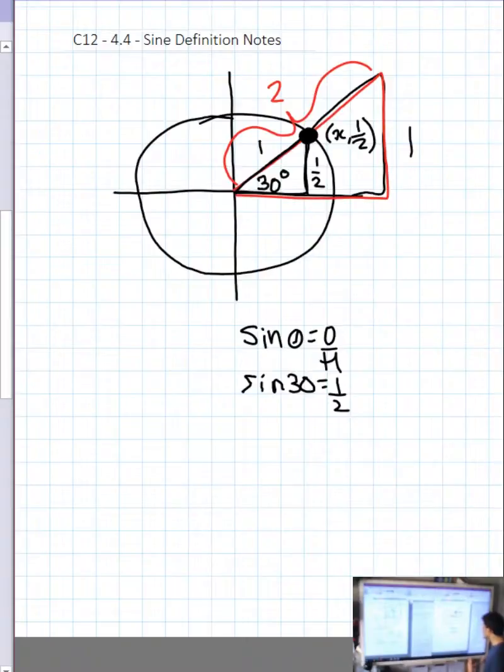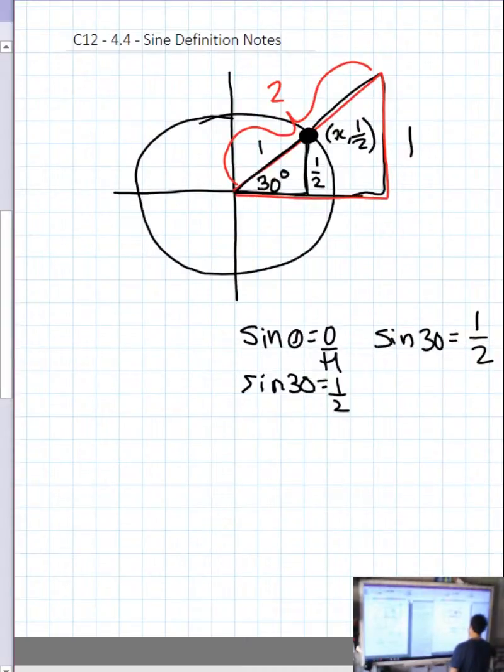And I know that the small triangle, the sine of 30, is equal to opposite 1/2 over 1, which is just 1/2, which is the same as the 1/2 from the big triangle.